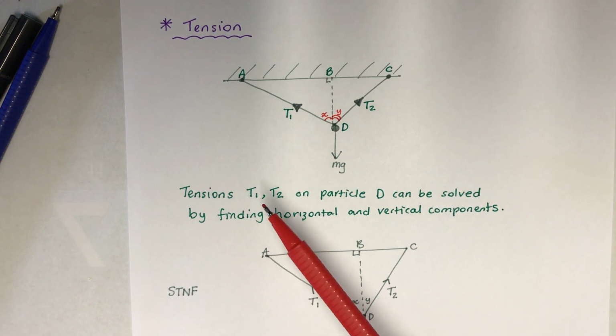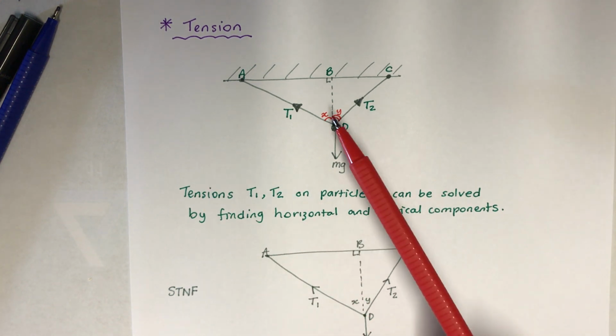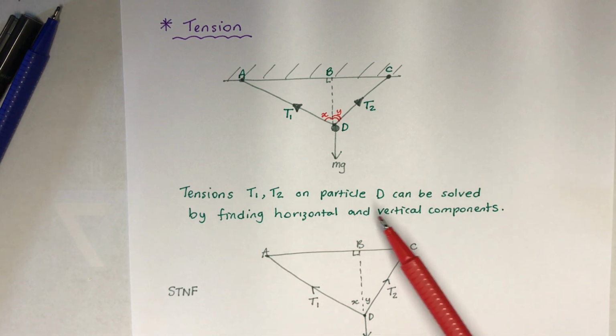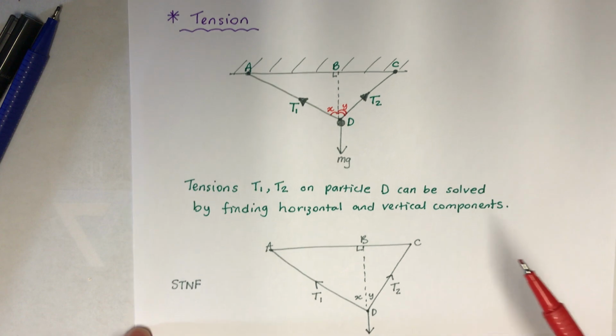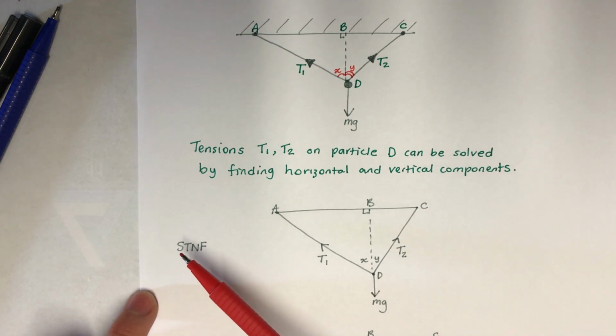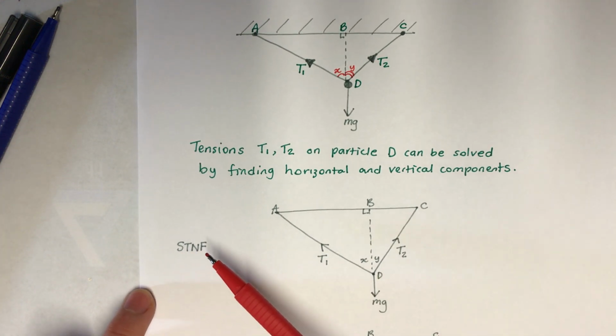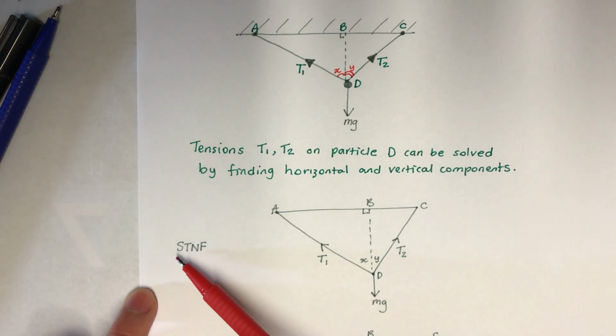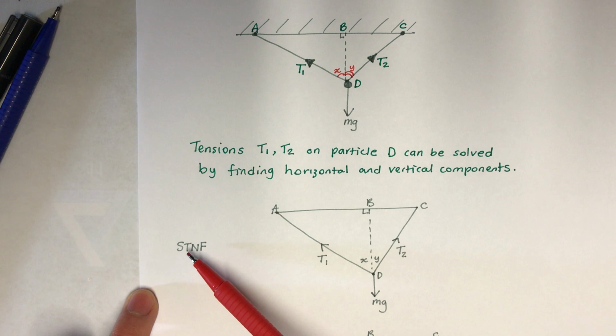Okay, so tension 1 and tension 2 on the particle D can be solved by finding horizontal and vertical components. So I just put an acronym as STINF. So first is a sketch, T is the right angle triangle, and name the forces and find whatever they ask.